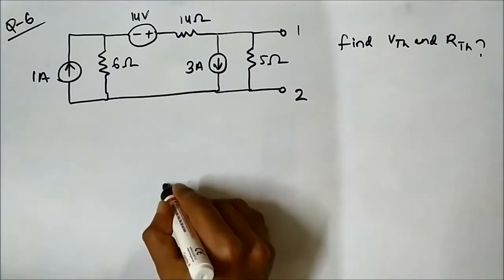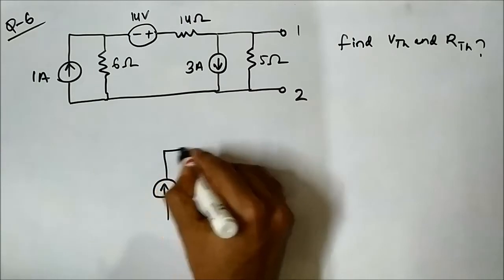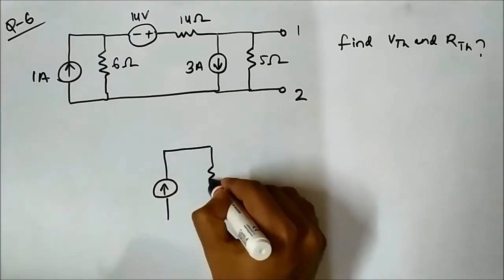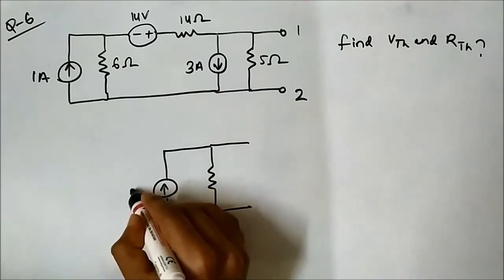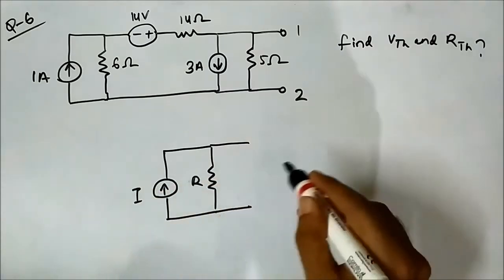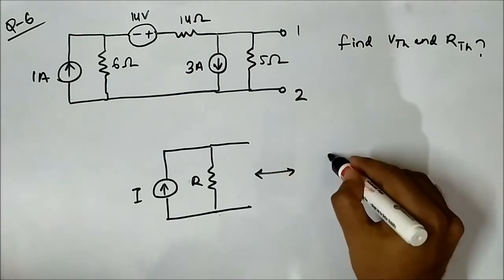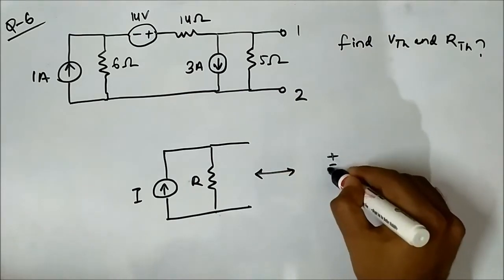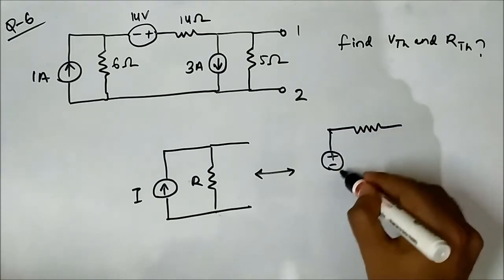Source transformation, we all know that a current source in parallel with a resistor can be converted into a voltage source in series with the same resistor.